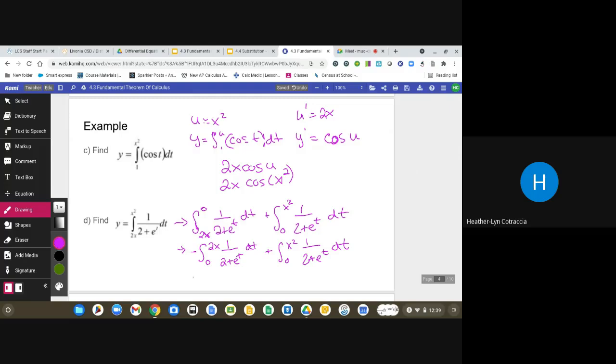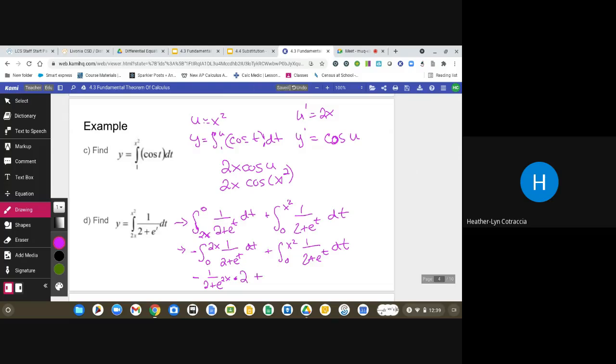You can go through this the long way if you want to. What we do is we bring down that negative right there, put the 2x in for that t, so 1 over 2 plus e to the 2x. But because it's not a single variable right there, it's a 2x, we need to multiply by the derivative of that 2x, which is 2, and that comes from chain rule.